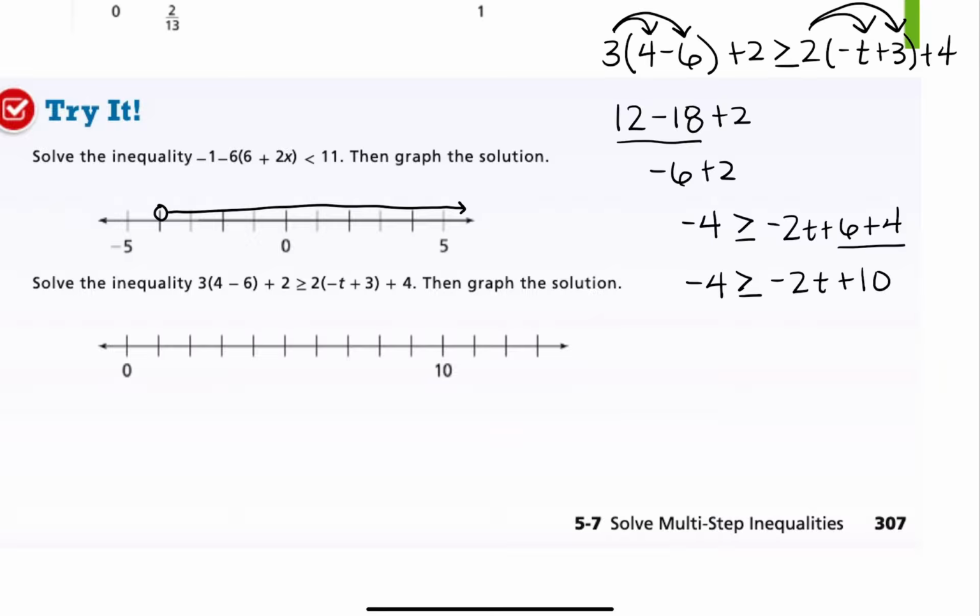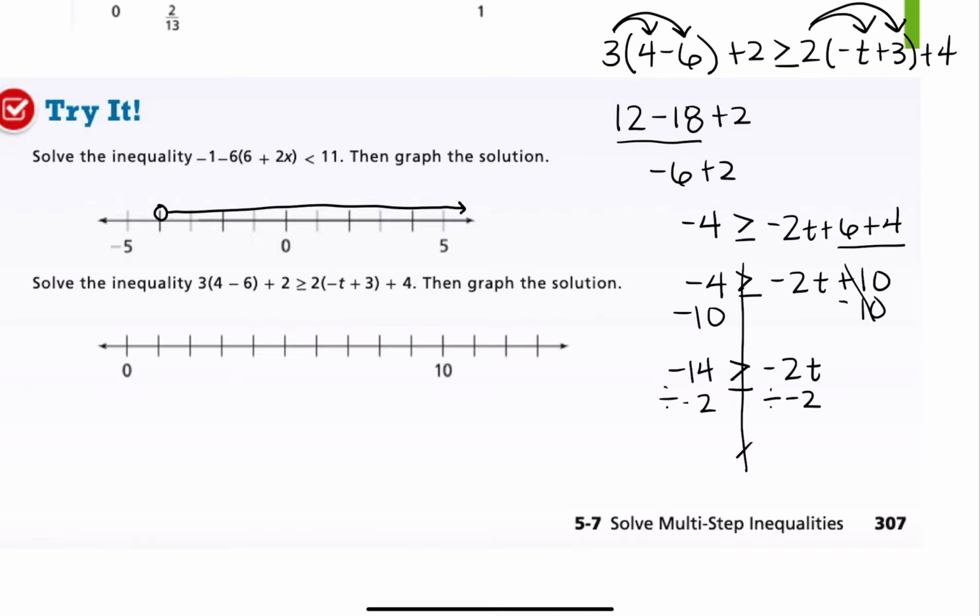All right, now this is a two-step equation that we can solve. Just because it's backwards does not change anything. Draw your line, and now we're just working the opposite way, but it's still exactly the same. T is being multiplied and added by 10. So I need to first subtract 10. That gives me negative 14. It's greater than or equal to negative 2t. T is still being multiplied by negative 2, so I need to divide by negative 2.